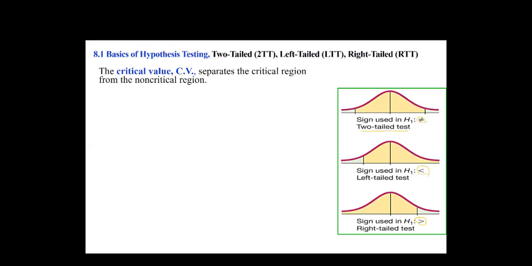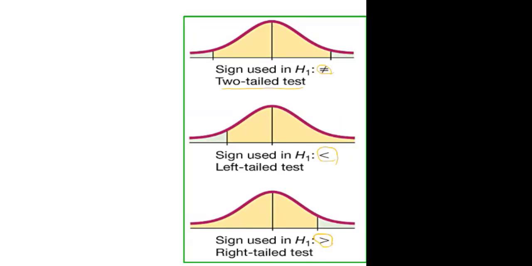And so what we are looking at, we have a value here that is separating the middle part, which is an acceptable region, from the tail region, which is the critical region or the region that will be rejected. Here's another one for the left one, and here's another one for the right one. Those are called critical values.